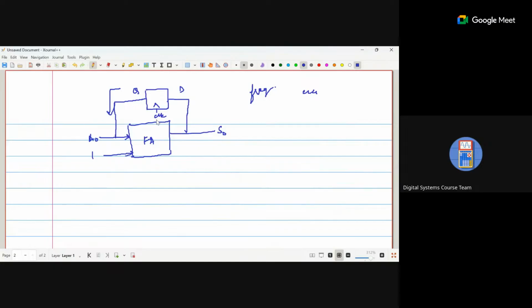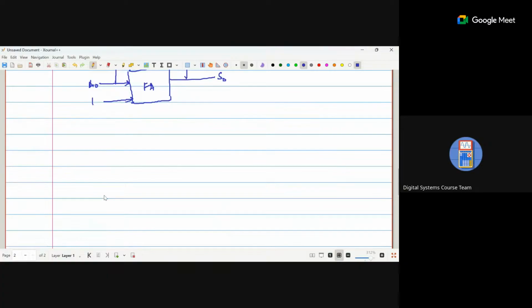Okay, so let's say we want to plot this graph, and I have a clock signal here, like this, let's say. So 1 and 2. How does it work?